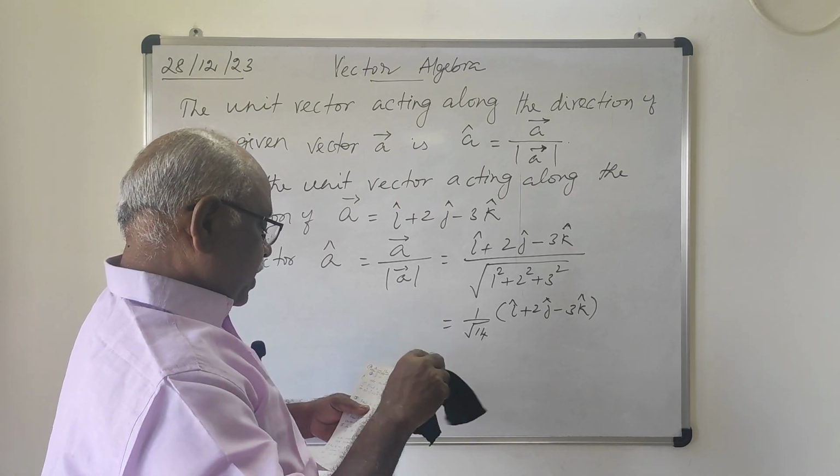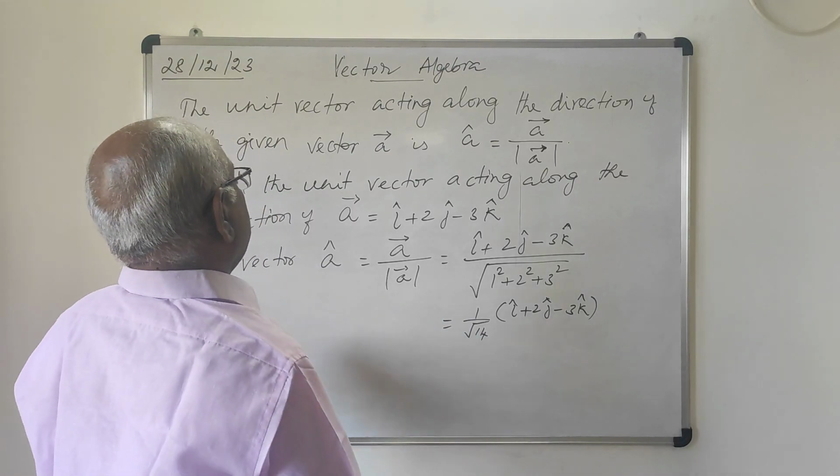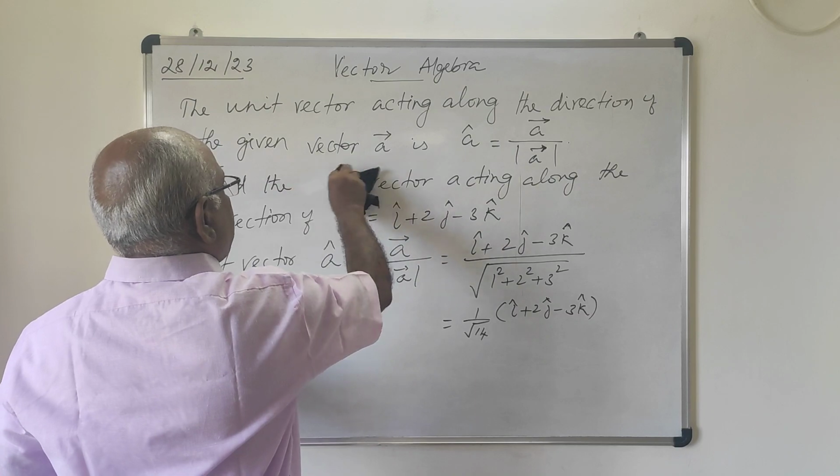Now, one more problem in your textbook. Find a vector in the direction of A which has magnitude 8 units.